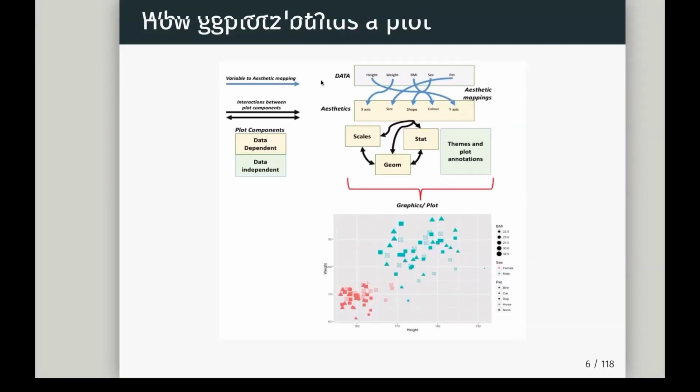So how does ggplot actually build a plot? This is a description of what we're going to do to make this as a ggplot here. And really what it does is this concept of an aesthetic map. So it takes your data like here, height, weight, BMI, sex, and pet, and it will map these to various components of your plot.